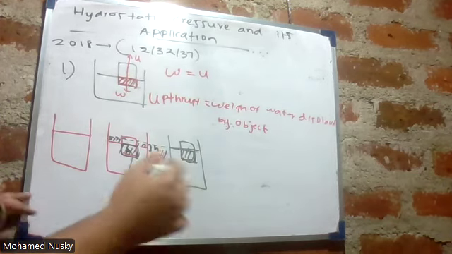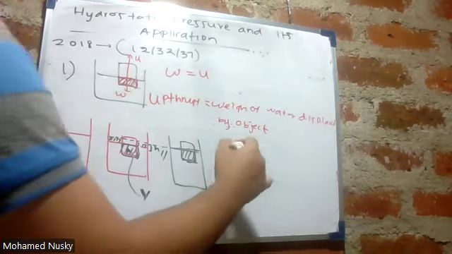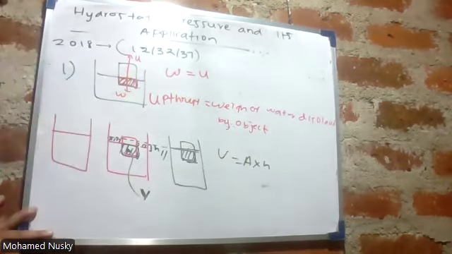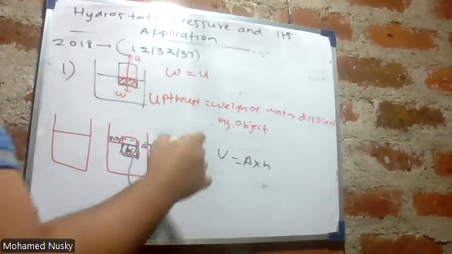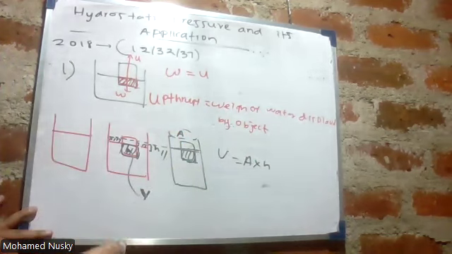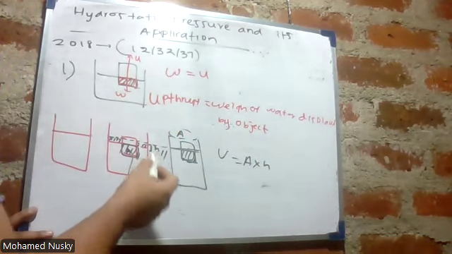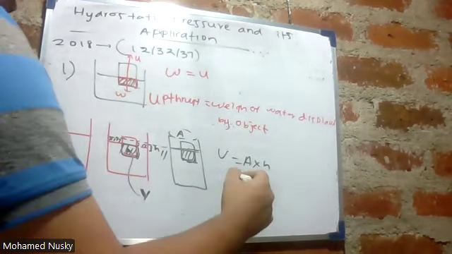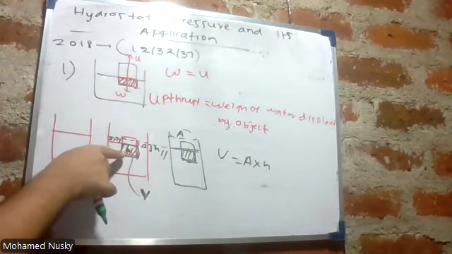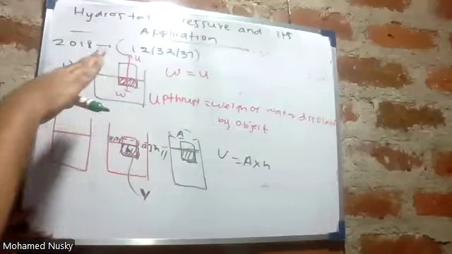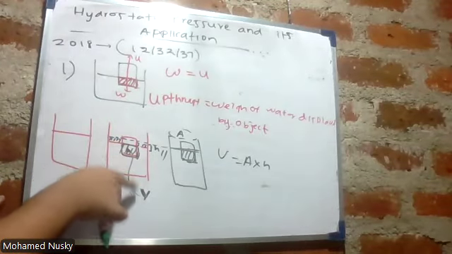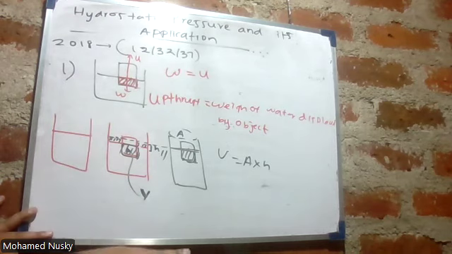Now let me take this V. You know volume is equal to area into H. Now let me take this area A. This has raised by a height of H. Therefore, the V portion of the wood is in the water now.